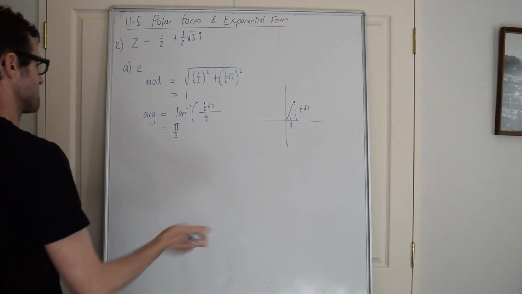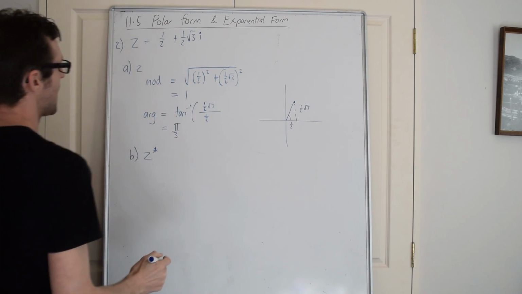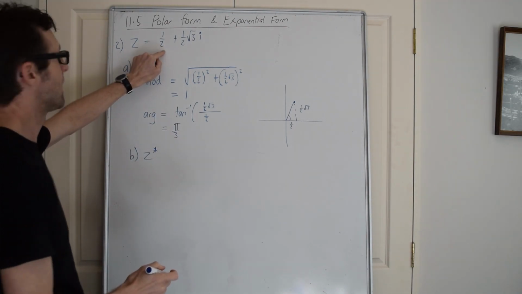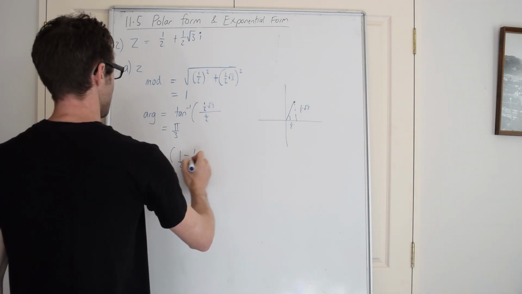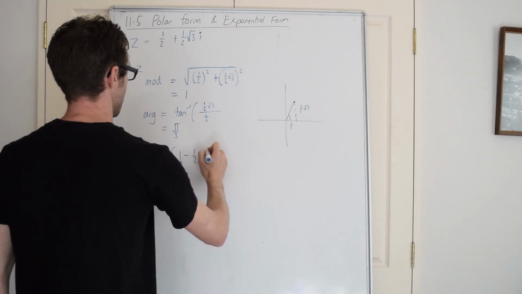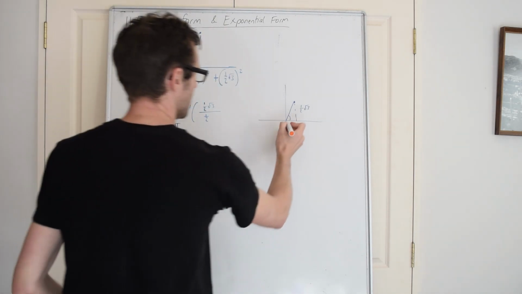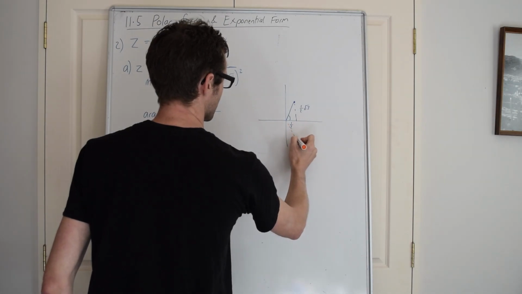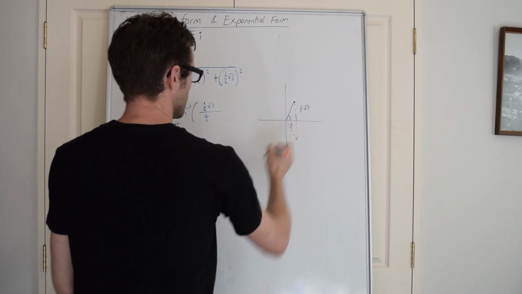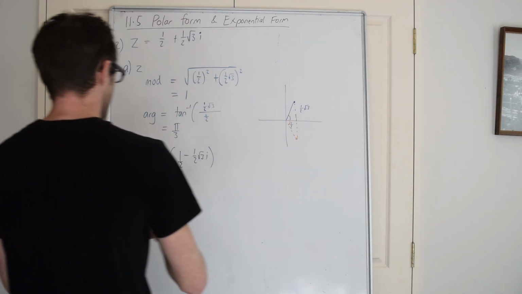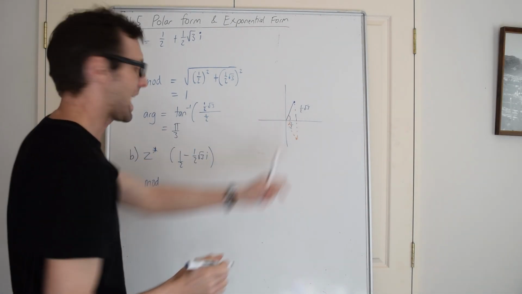Now B is z star. In other words, it's this 1/2 minus 1/2 square root 3 i. Now, if I were to use the same diagram as I've just used here, it would be like this, wouldn't it? Remember what we learned in the previous exercise? You should be able to see that your modulus is going to be exactly the same.